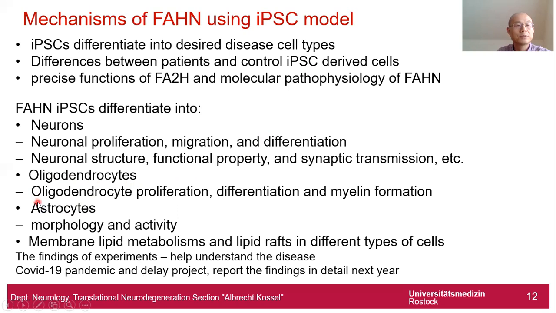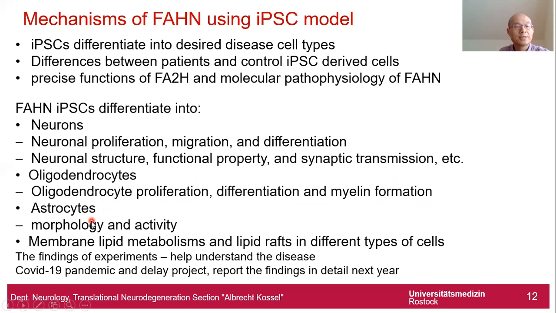Of course, same for the oligodendrocytes. We will focus on the difference in oligodendrocyte proliferation, differentiation, and myelin formation, because in FAHN, the myelin formation problem or demyelination is a major problem in both patients and animal models.